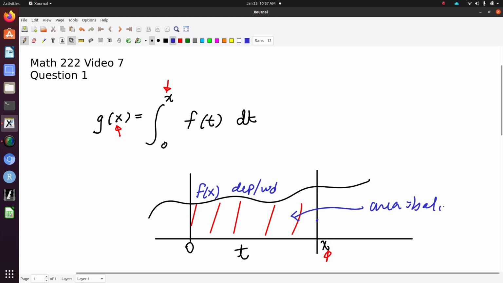Okay, now something that you want to realize when you're doing these problems is that if you change the lower limit to anything you want, it could be capital A, then this g of capital A is always 0. It's saying before any deposits or withdrawals, your balance is 0.